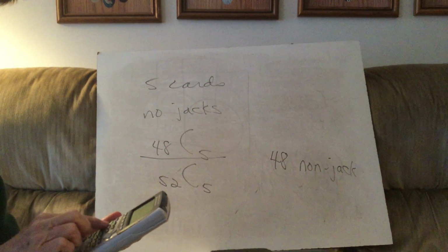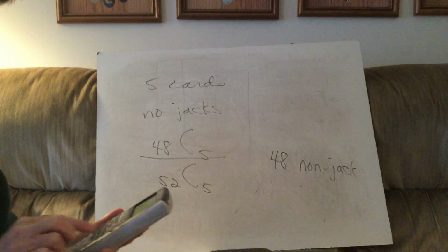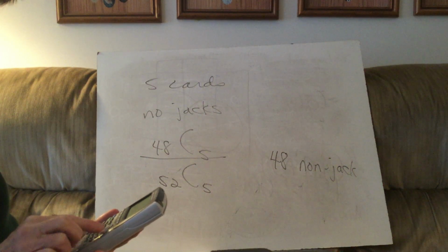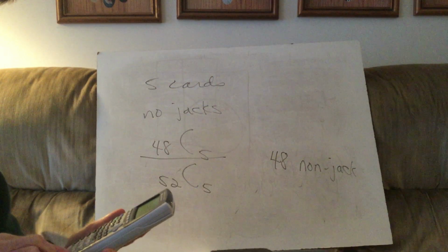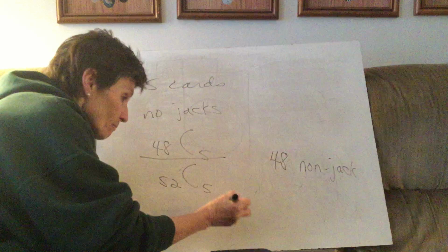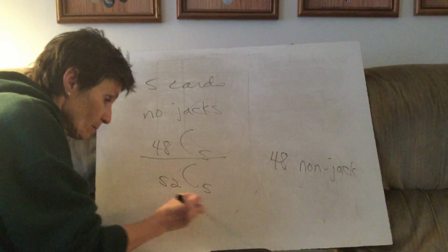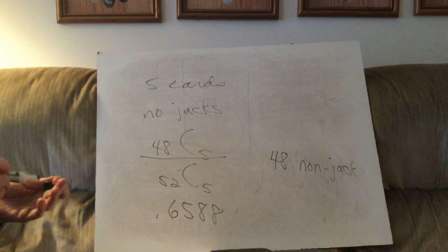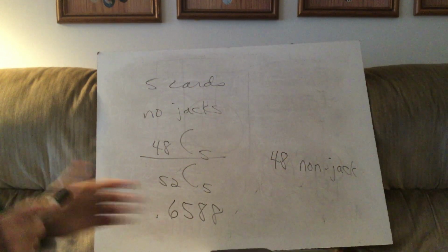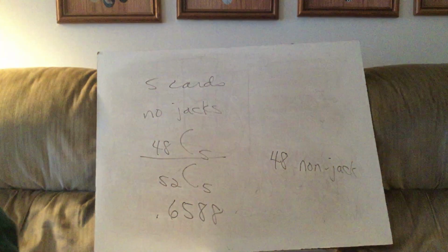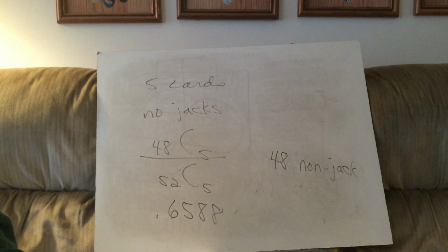So 48C5 divided by 52C5, and it's 0.6588. You can answer decimally or with a fraction. Mine came up as a nice little decimal, so I'm going to answer as a decimal, 0.6588, but you certainly could answer with a fraction if you wanted to.